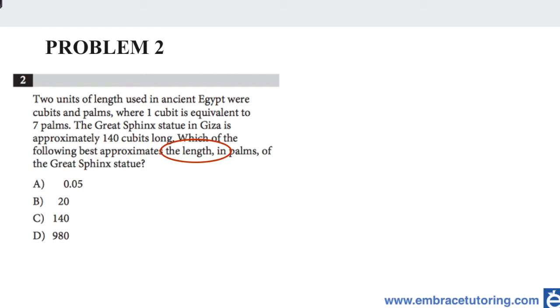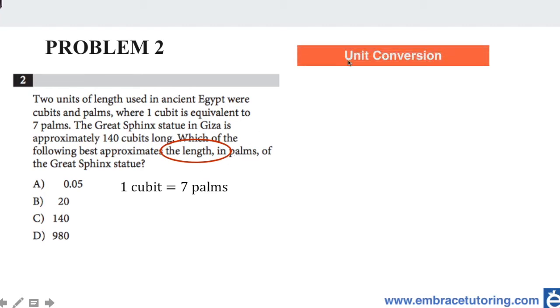And what I'm noticing quickly is that they are actually giving you some sort of unit conversion here, where 1 cubit equals 7 palms, and then they are specifying the unit to be in palms, so this is a standard unit conversion problem. What I want to do is understand that the question is asking you to solve for how many palms will come out of 140 cubits, right? It says approximately 140 cubits long. Which of the following best approximates the length in palms of the statue?